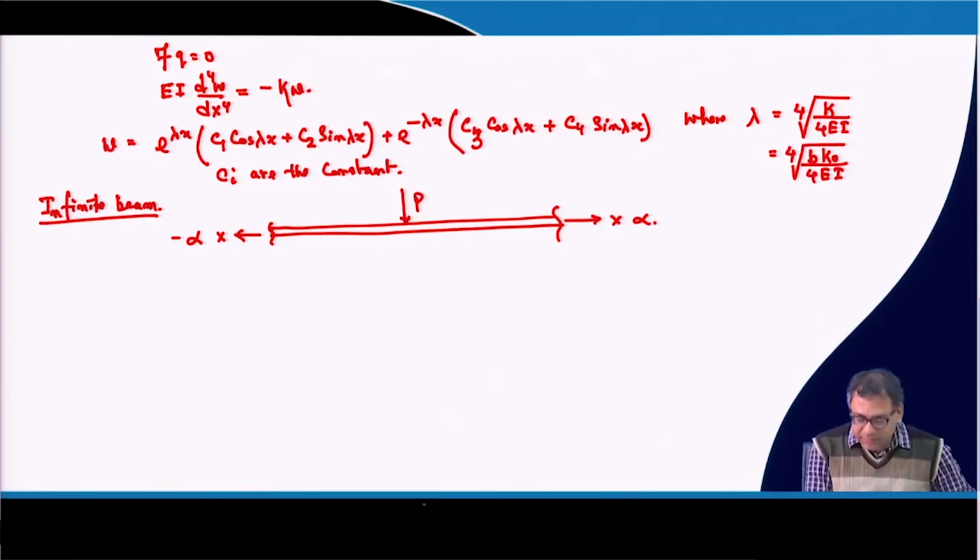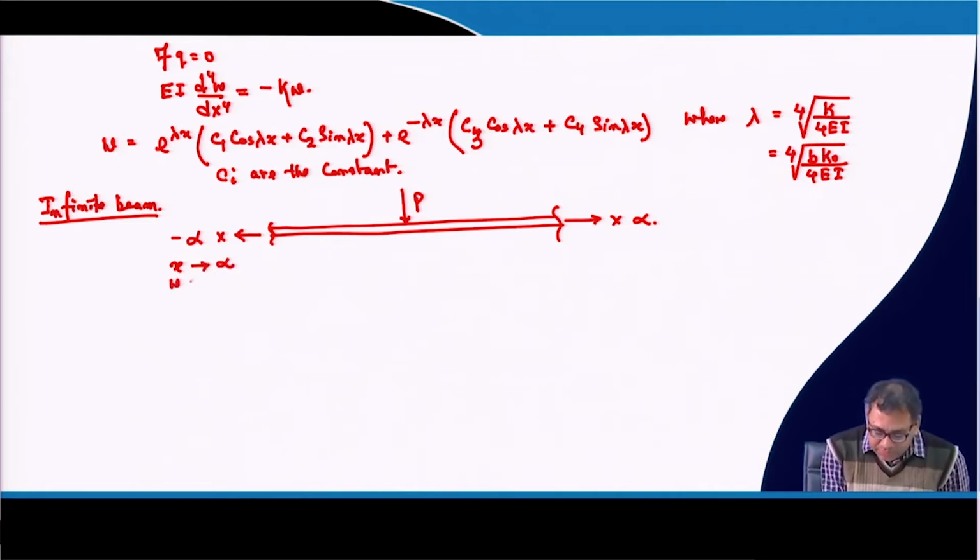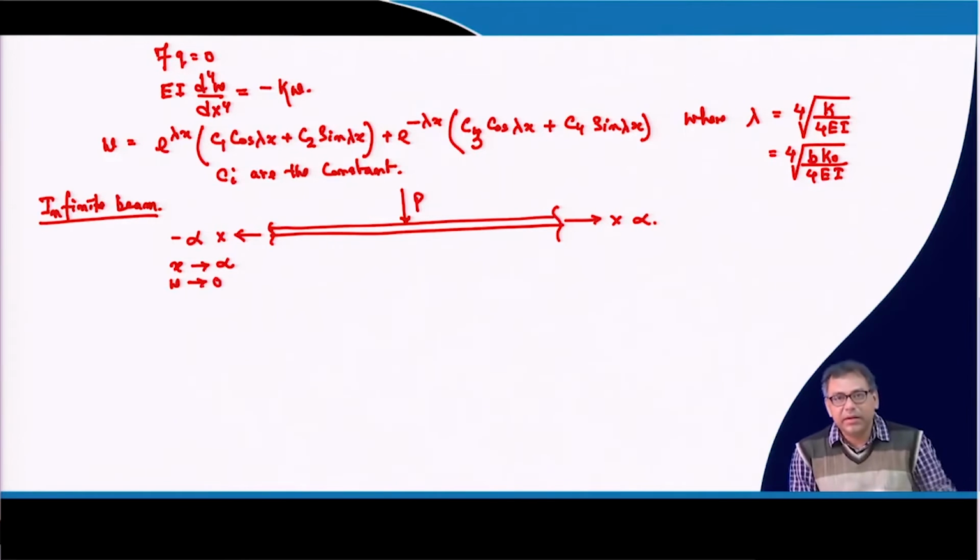Now, if x tends to infinity, then W will tend to 0, because at infinite distance there will be no influence of this P, so the deformation will be 0. If you look at this equation, the previous equation is not for infinite or finite beam, it is a general equation.